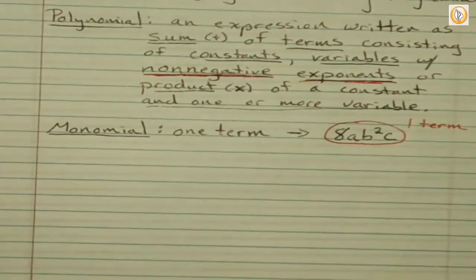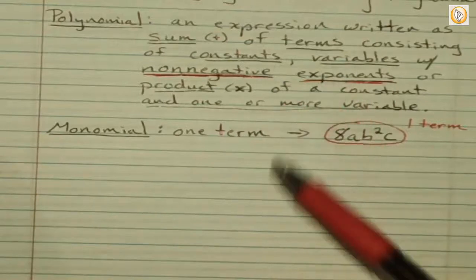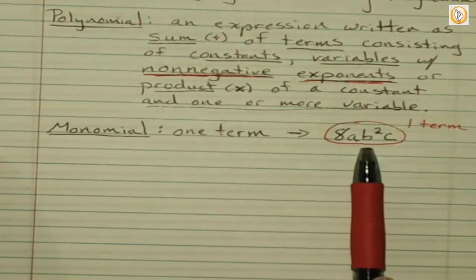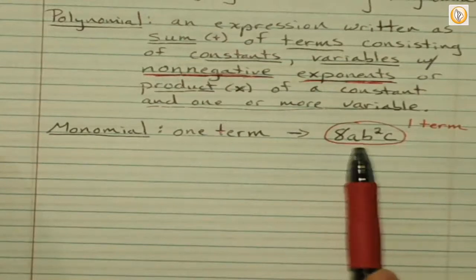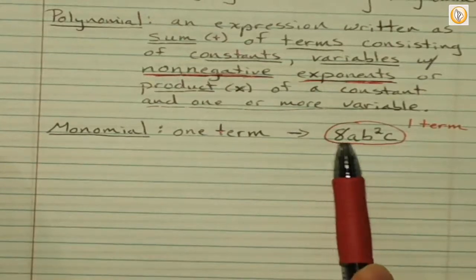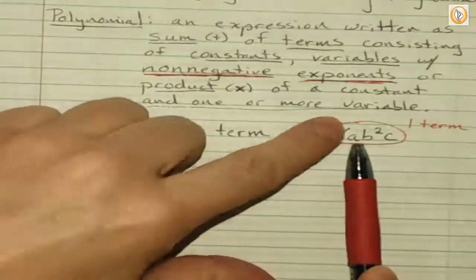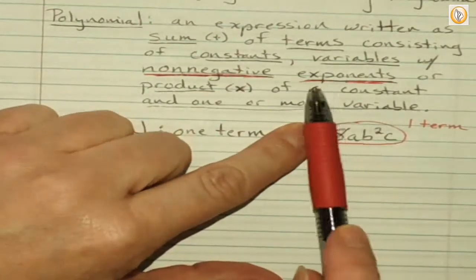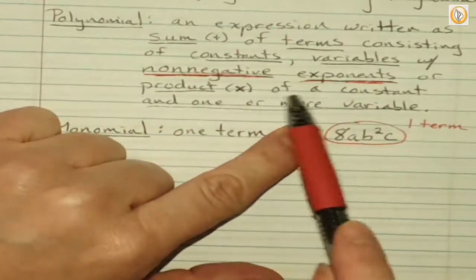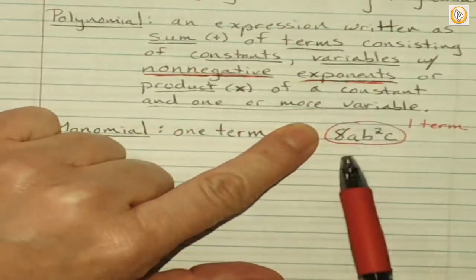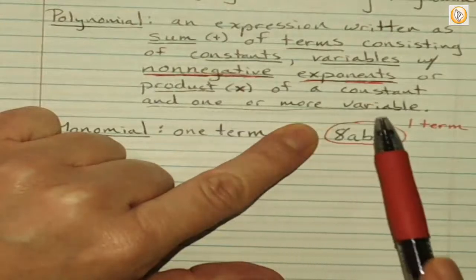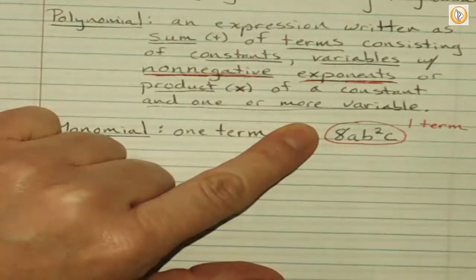Now, to go back up to here, I want y'all to look at this real quick. What is happening with all these things? What operation's taking place? Multiplication. So look, product of a constant, here's my constant, and one or more variables.